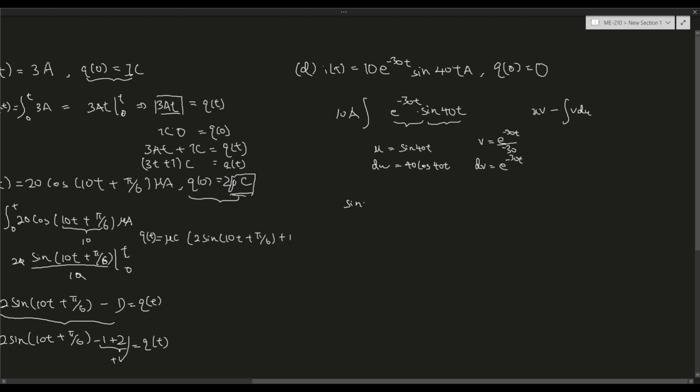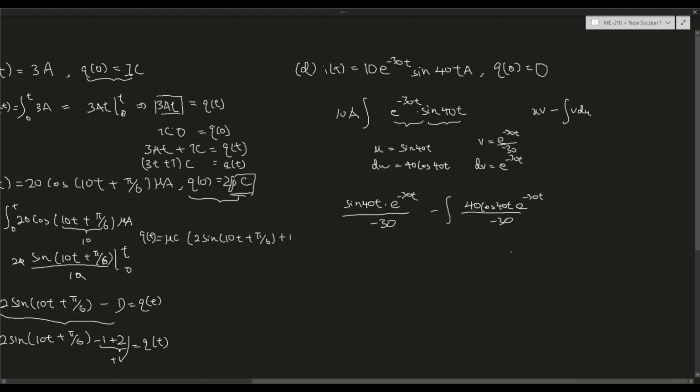So sine of 40t times v, so e to the power of negative 30t over negative 30, minus, and here we go, let's write everything again, and this is du, so du is 40 cosine of 40t, times v, which is e to the power of negative 30t over negative 30.